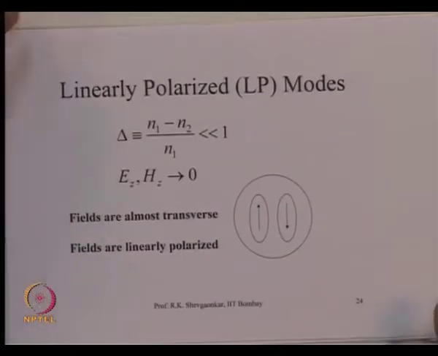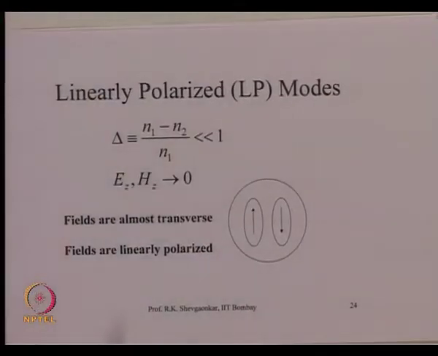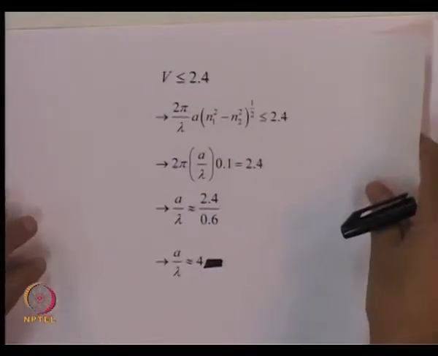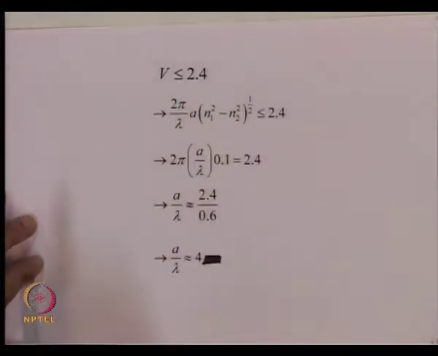Now, in practice, for most practical fibers, as we have seen earlier, the difference in the refractive index between core and cladding has to be made as small as possible. That is what we discussed earlier when we were discussing the ray model. This is to get a substantial size for the core radius, because if I make the difference in refractive index large, the core size will become extremely small, since for single mode propagation the V number has to be less than 2.4.